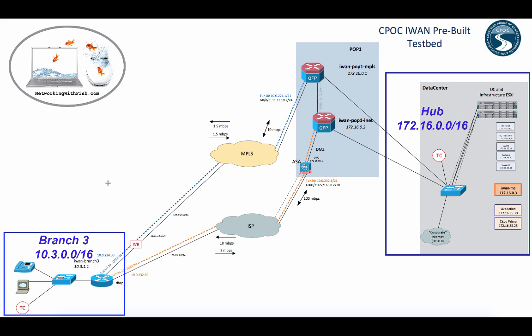Anything behind branch 3 is 10.3.0.0/16. And this little TC right here is actually a traffic generator, a Spirent traffic generator that I'm using to send traffic between branch 3 and over here up at the hub.